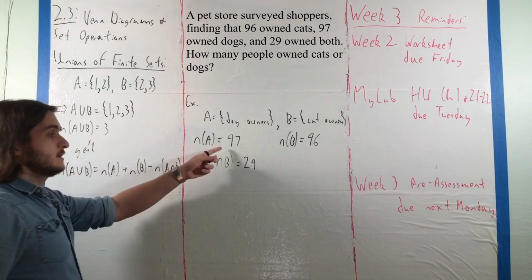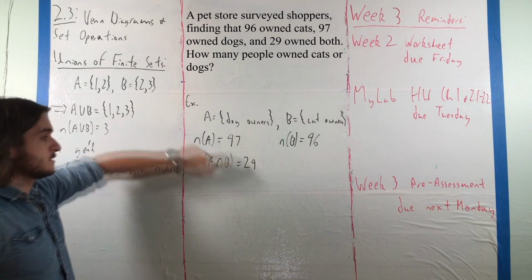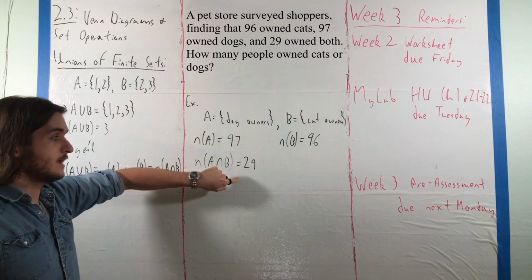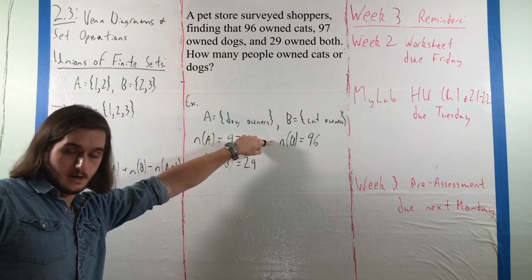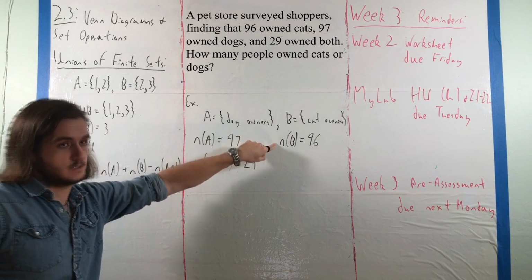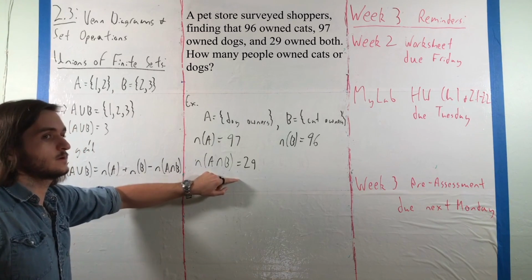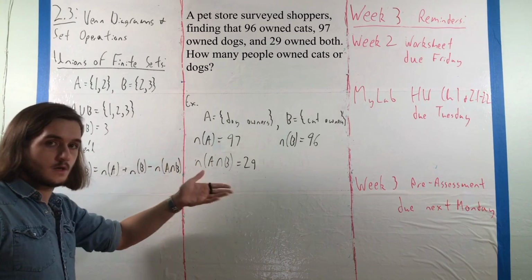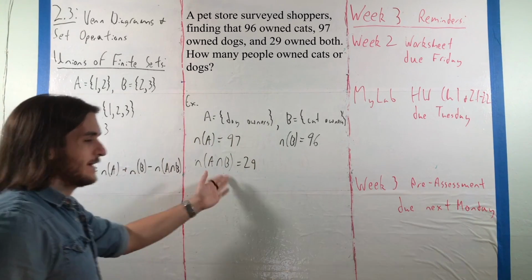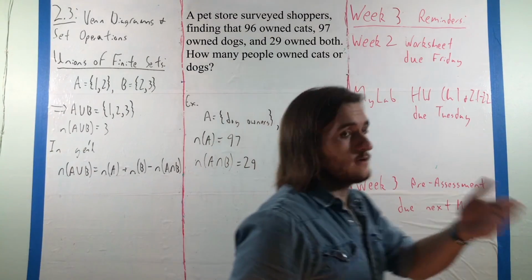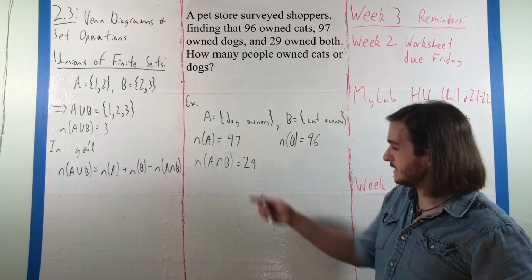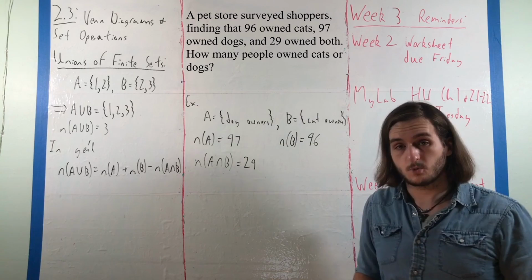So when we're counting the 97 people who own dogs, this 29 is included, and this 29 is also included when we count the number of people that own cats. Because if you own cats and dogs, you own cats. And if you own cats and dogs, you own dogs. So both of these groups count that group as well, which means if you want to count up the total number of options, we have to be careful not to count this one twice.